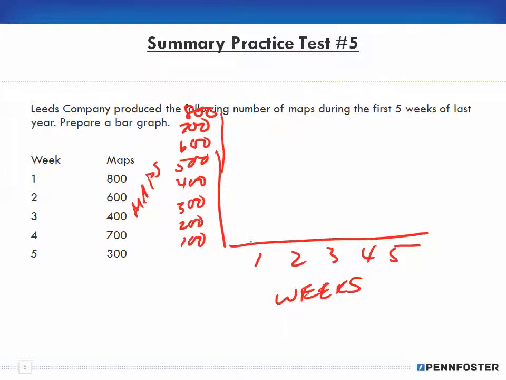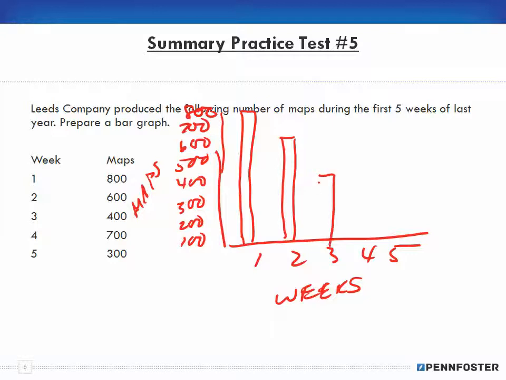Okay, so for week 1, we had 800 maps. So I'd have to create my bar so it goes all the way up to 800. For week number 2, I have 600. So I'd have to come across to wherever 600 was for week 2. Week 3, we're looking at 400. So I find my 400 and I go across and I draw my bar.